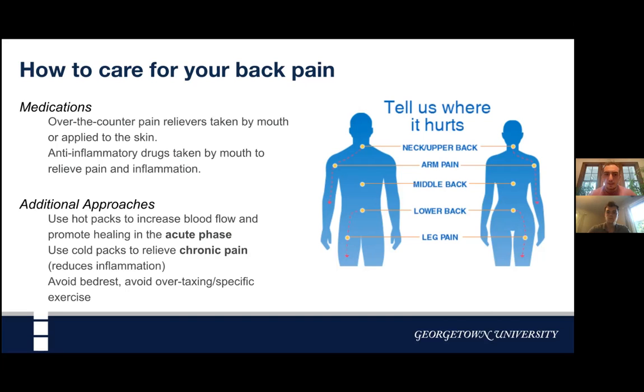In that case, the hot packs are going to be less effective, and something more akin to a cold pack, so ice or even just a bag of peas from your freezer, can be super helpful in order to reduce the inflammation, reduce the blood flow to that area, and trick your body out of thinking that it needs to be in pain anymore.